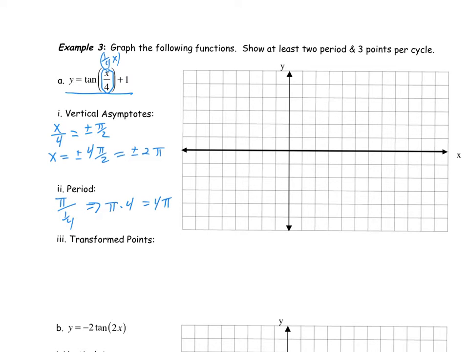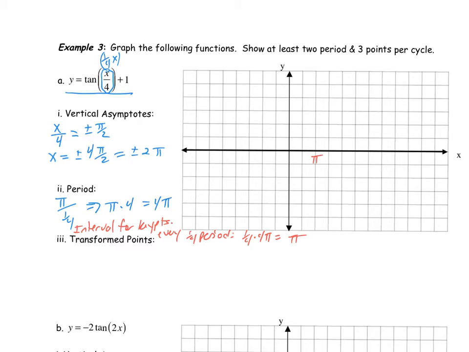In order to graph this, the first thing we want to do is graph the asymptotes, but we need a scale. Just like with sine and cosine, the interval for key points is going to be every 1/4 period. That's going to be 1/4 times 4 pi, which is pi. So I would want to set up my x-axis scale in terms of pi.